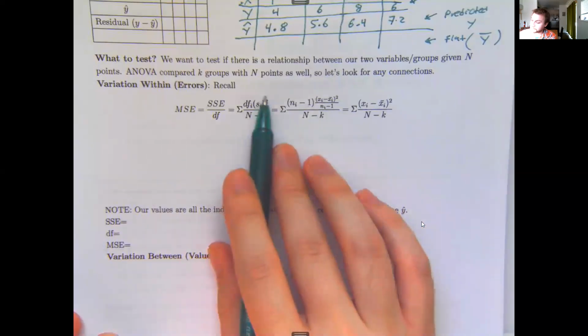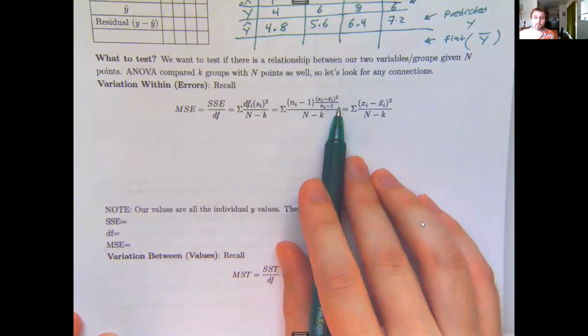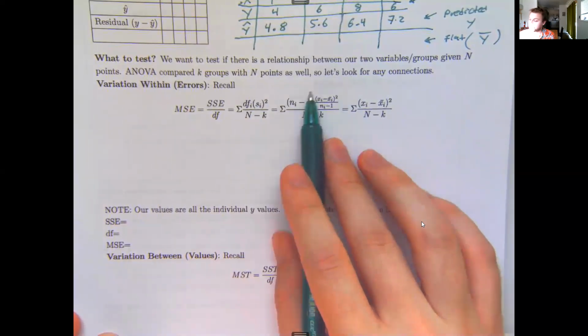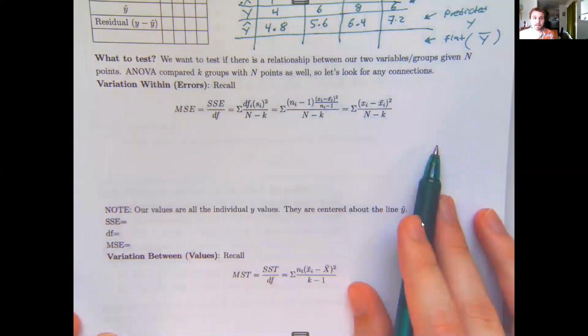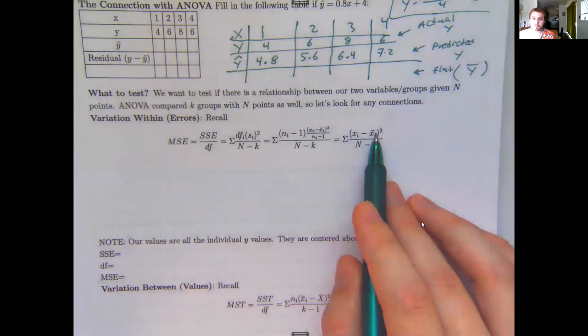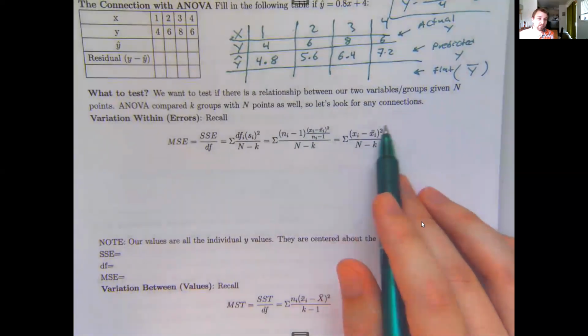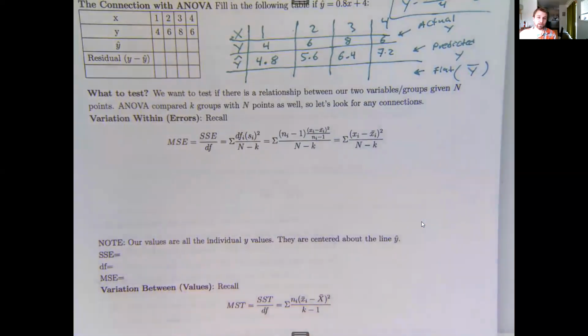Our variances, these were value minus center squared over n minus 1. So if I just do a little bit of prep work, technically these n minus 1s cancel. So kind of a nicer way of writing this is the mean squares of the errors compare our values and our centers. They square them to make sure we don't end up getting 0. And it's divided by the degree of freedom.